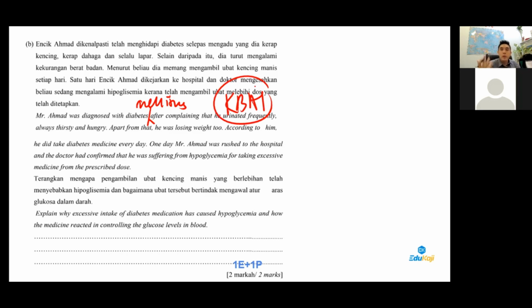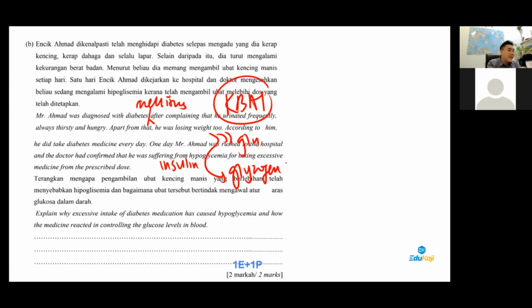Now, coming back to the roots of diabetes. Kenapa seseorang boleh dapat diabetes mellitus? How does a person contract diabetes mellitus? Kencing manis. Because the pancreas cannot produce insulin. Because they cannot produce insulin, excess glucose cannot be converted to glycogen.